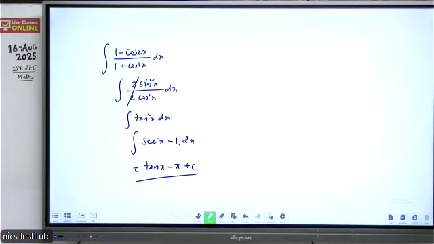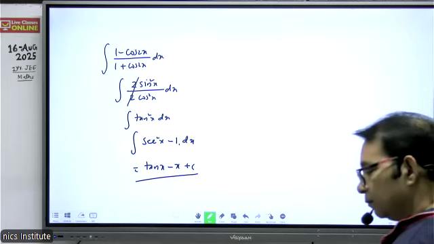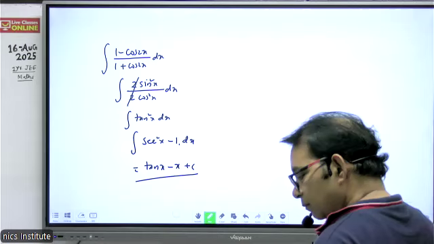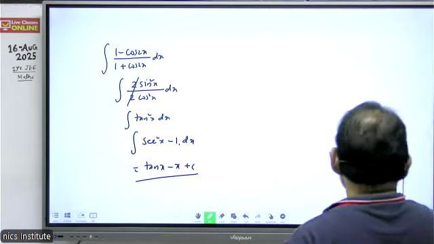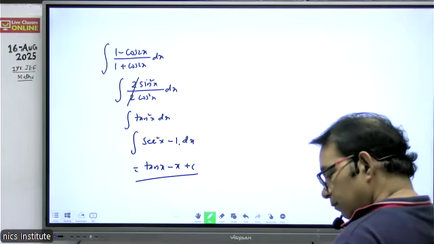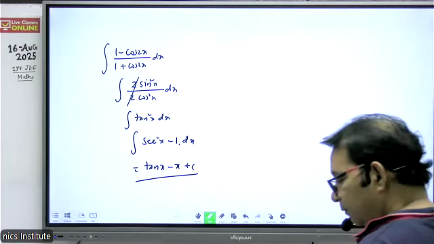Yep. Take x4 common, x cube common. Hey, don't rationalize. You factorize this. It is 1 minus cos x, 1 plus cos x. 1 plus cos cancels out. Good.